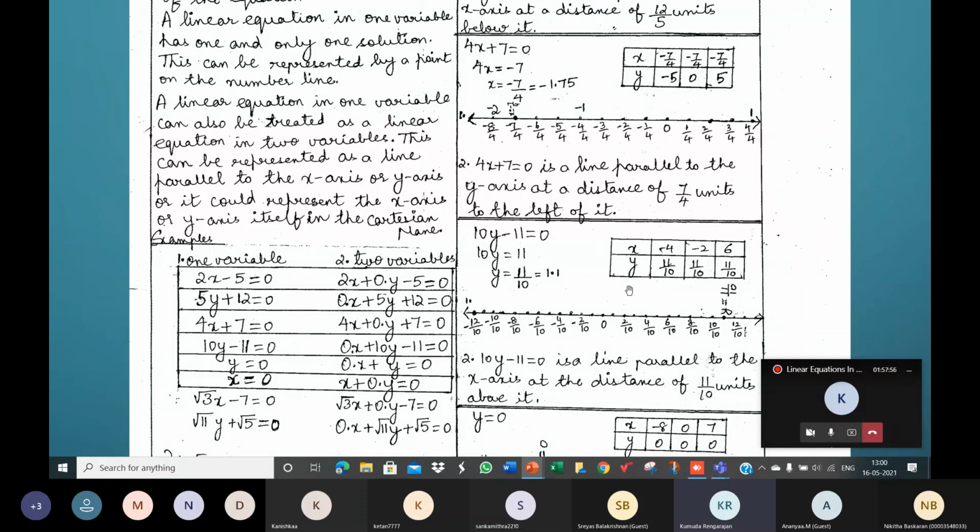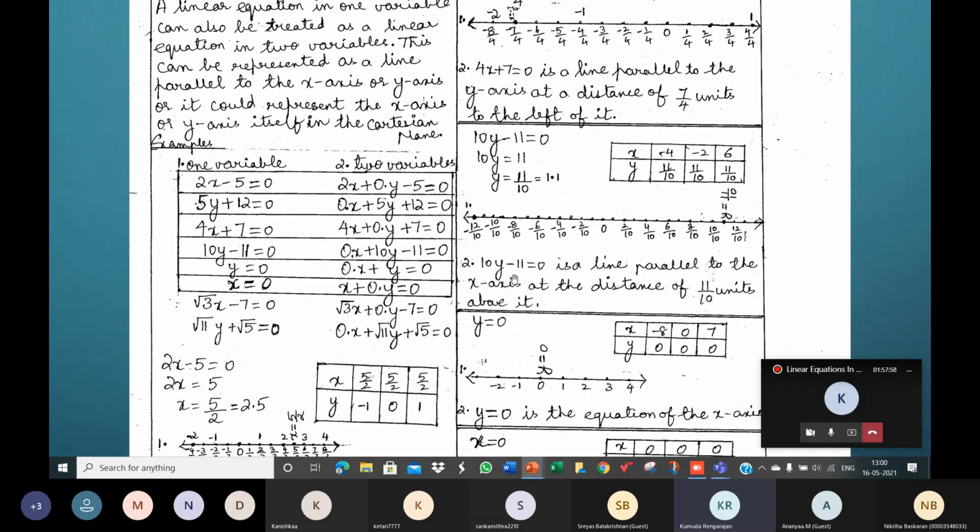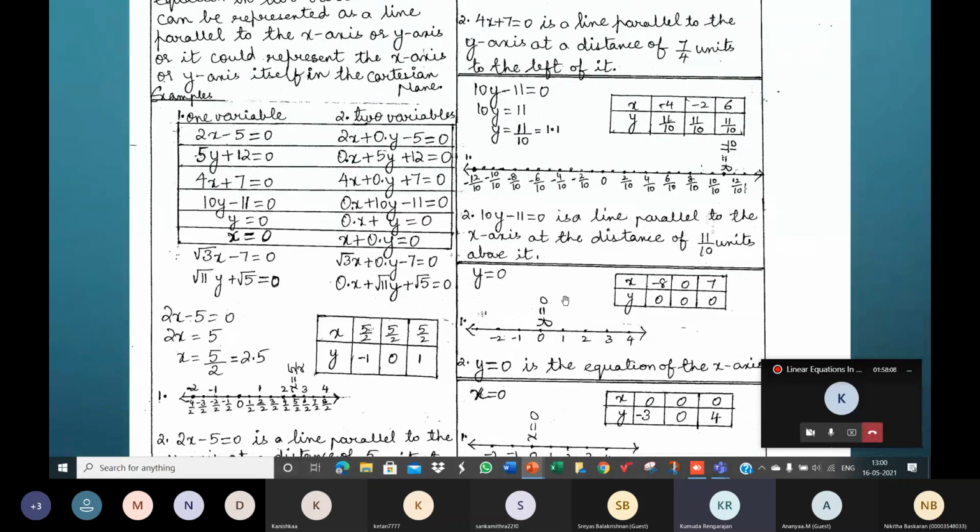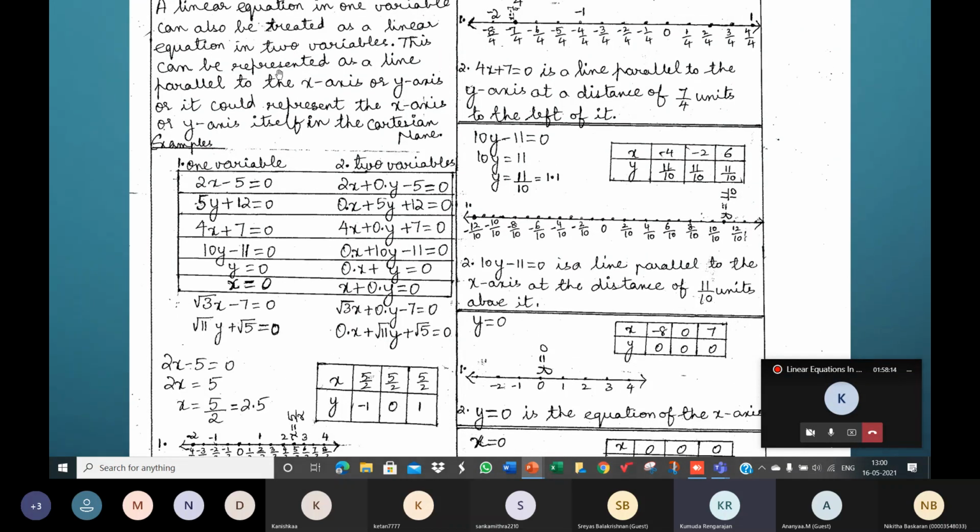And when you plot these points, you will see that the line obtained is parallel to the x-axis at a distance of 11 by 10 units above it. So these are the positions. You can get a line. That explains what was mentioned here. All these examples explain the different situations.